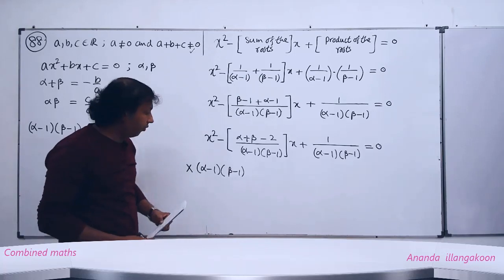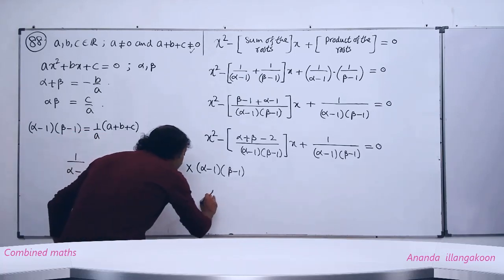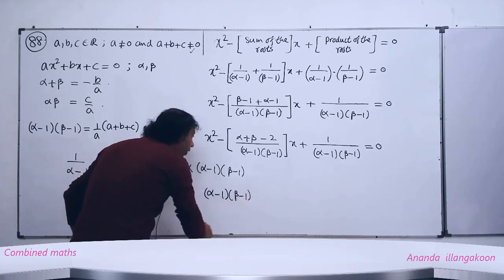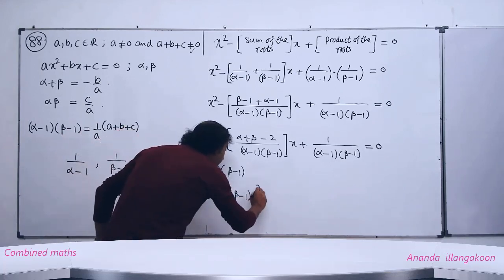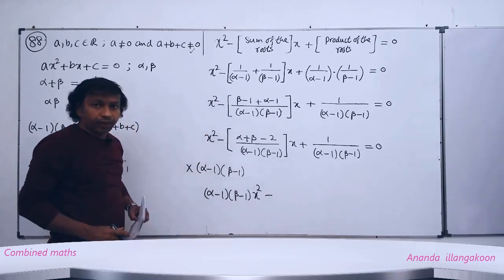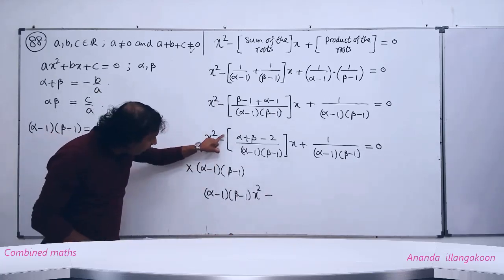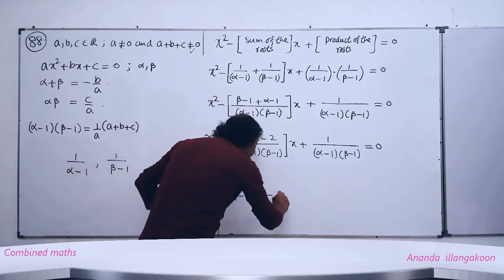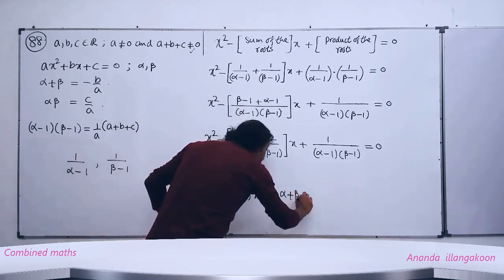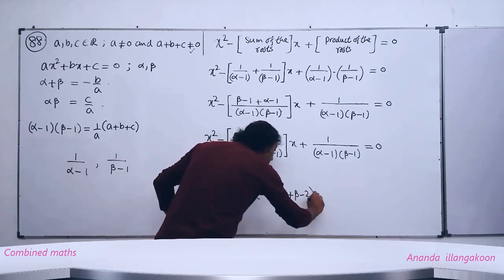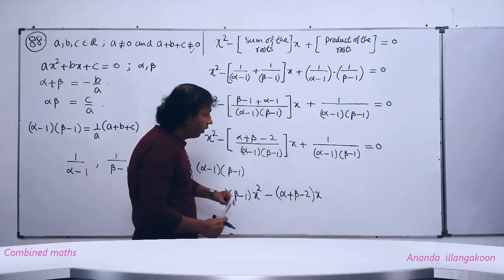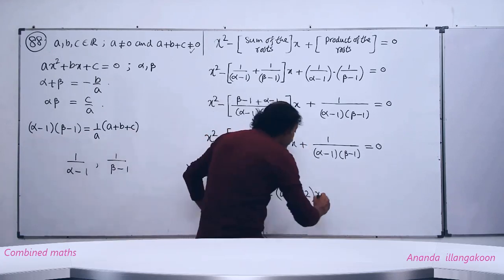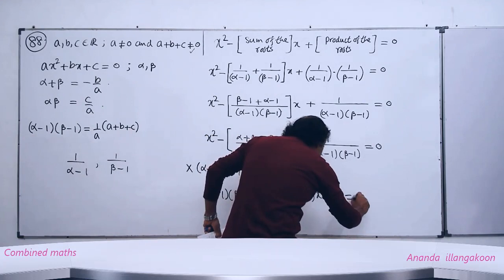Then we get alpha minus 1 times beta minus 1 into x squared minus, when I write this thing before this bracket, this and this will cancel off, giving this alpha plus beta minus 2 times 6. And when I write this thing before this, this will cancel off. We get 1 equals 0.